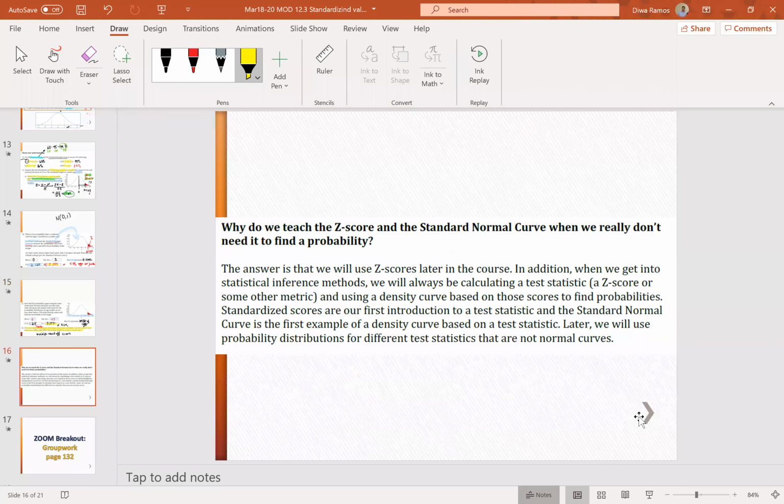Why do we need to learn this? Why does this have to be a separate session? Why focus so much on this one? Why do we teach the z-score and the standard normal distribution to find the probability, the shaded area? So how much percent is found underneath, like for example the jumbo egg problems, almost 5%.